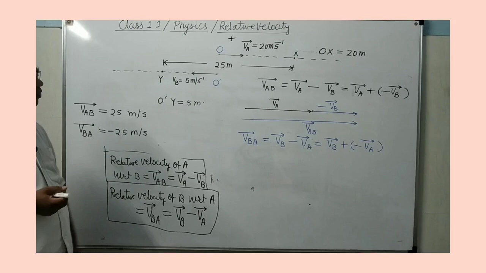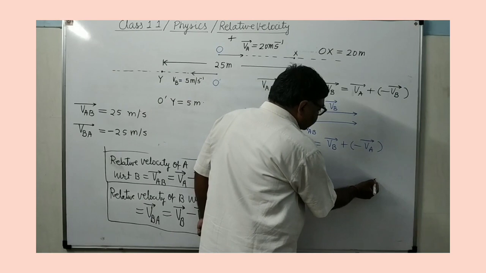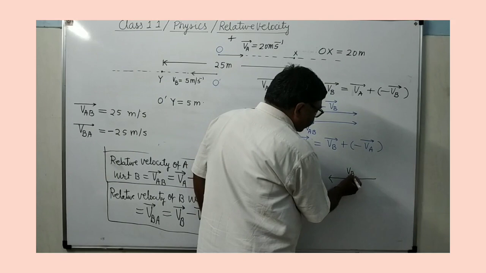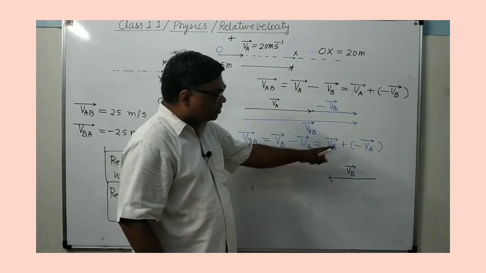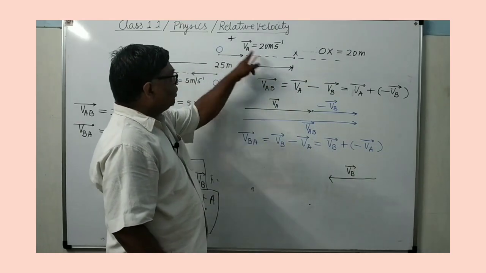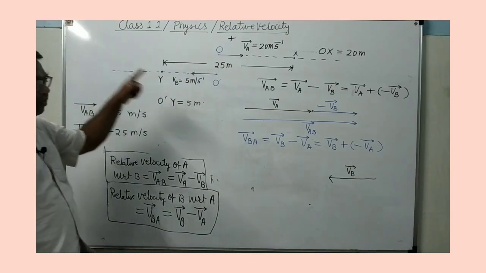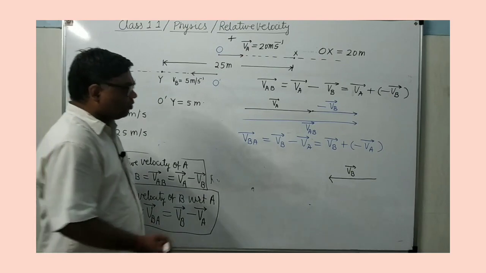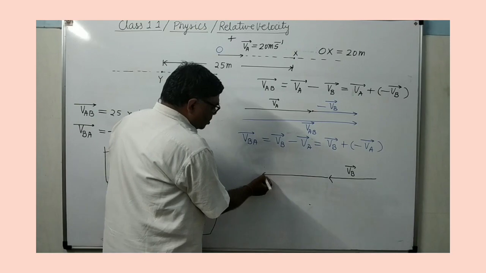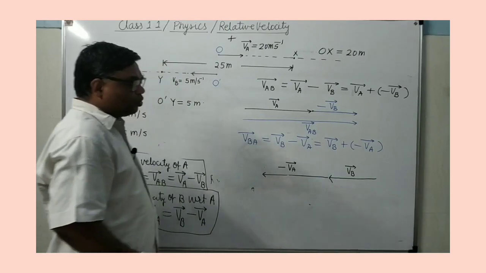First you will draw vector VB, in this direction. Its length will be proportional to 5. Then from its head, you will draw the negative vector VA, in this direction. Its length will be proportional to 25.